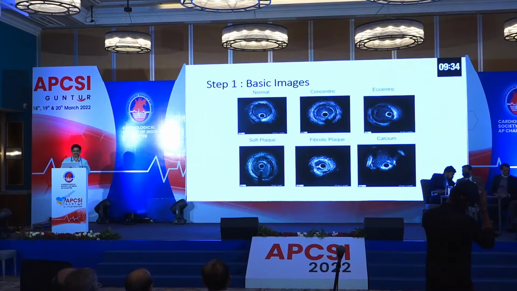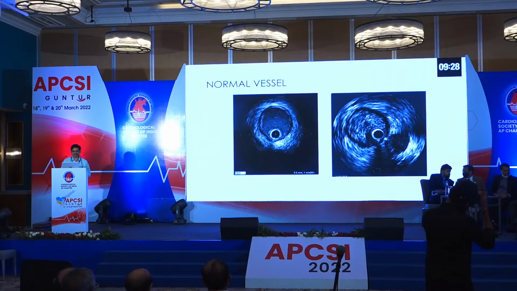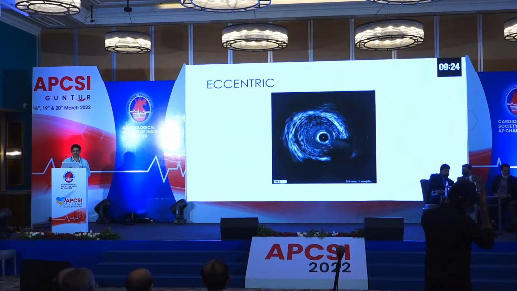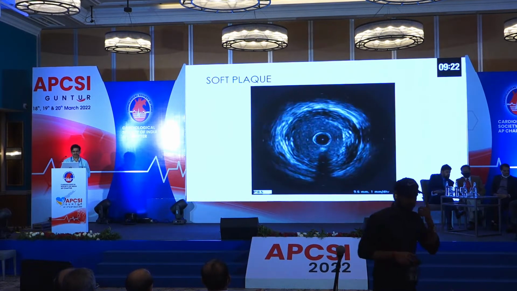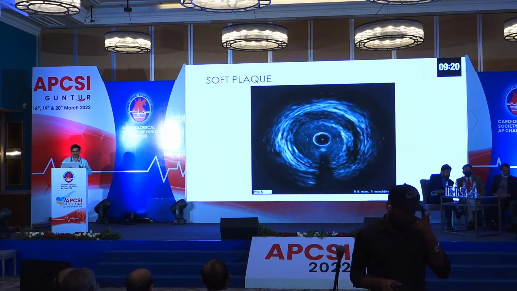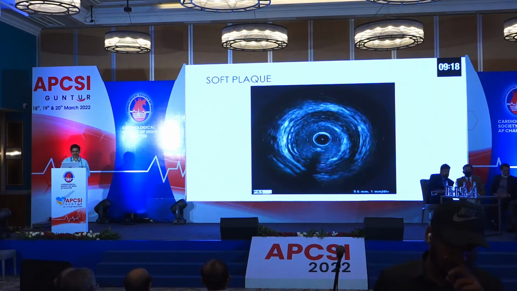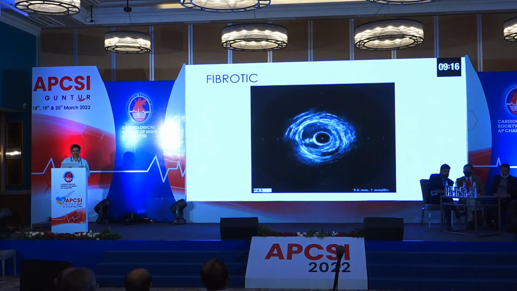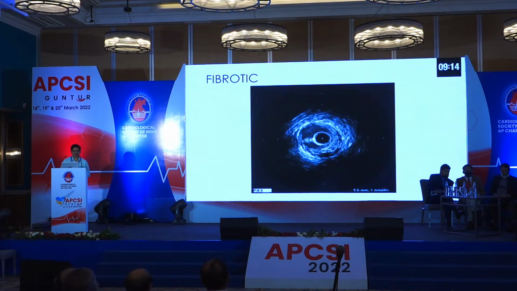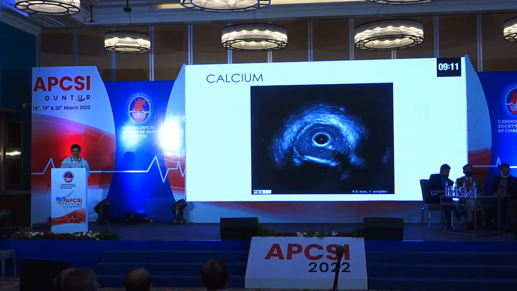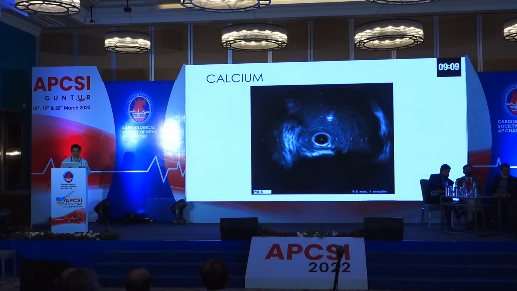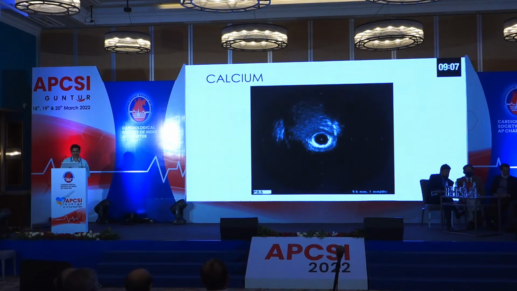Fibrotic is echo-bright, and milky white is calcium in the echo image. So this is a normal vessel, this is the concentric plaque, this is the eccentric plaque, and this is the soft plaque, a mixture of fatty plus fibrous. This is a fibrotic plaque, echo-bright. And this is the calcium, with a milky white appearance.